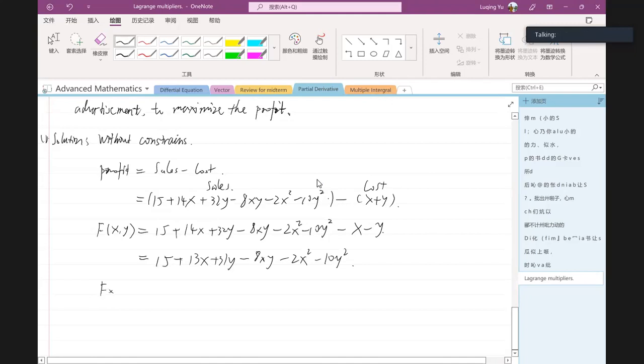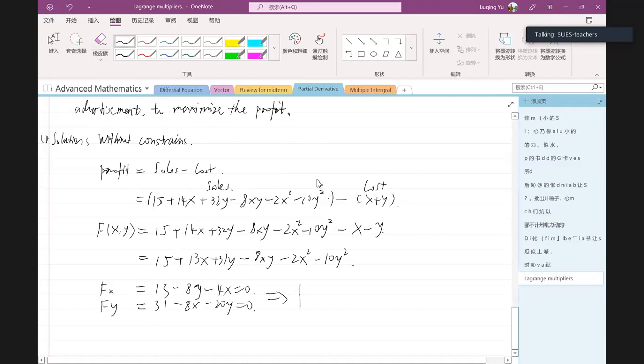fx is equal to 13 minus 8y minus 4x equal to 0, and fy is equal to 31 minus 8x minus 20y equal to 0. I think you can solve this system of equations easily.